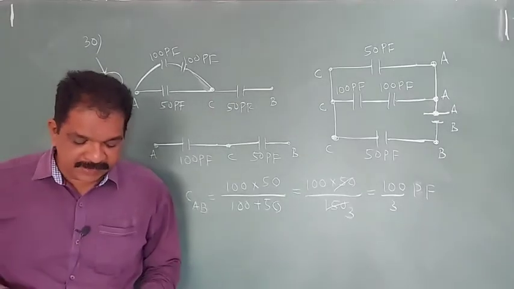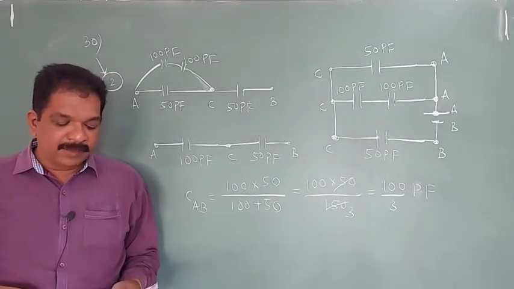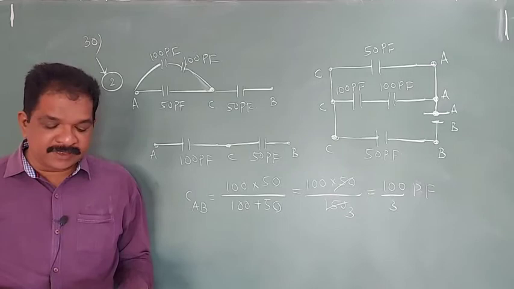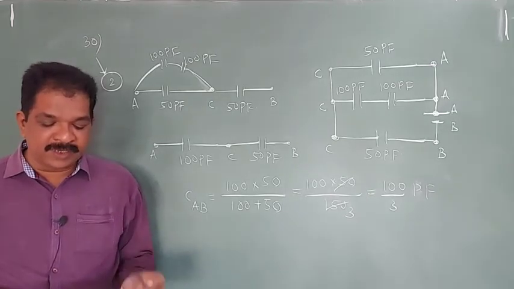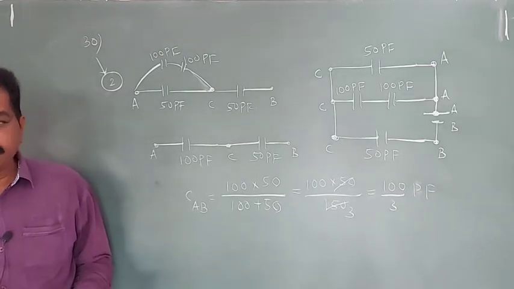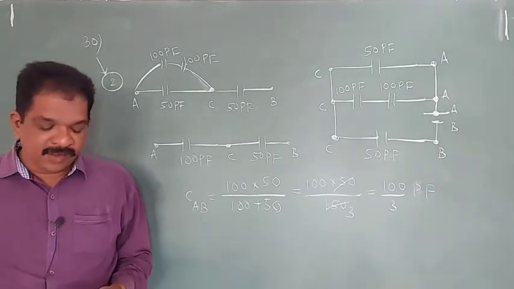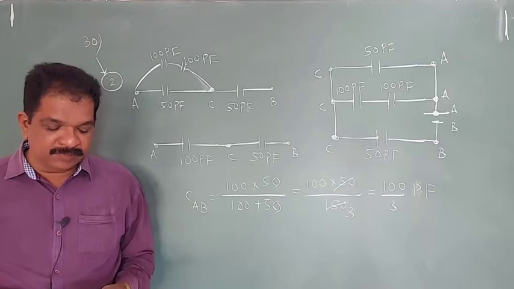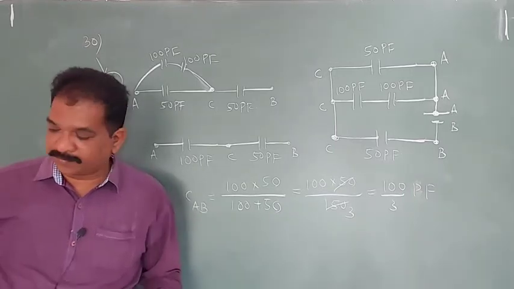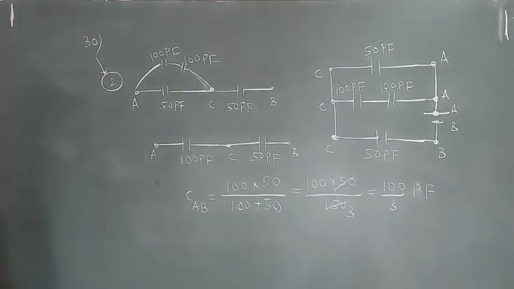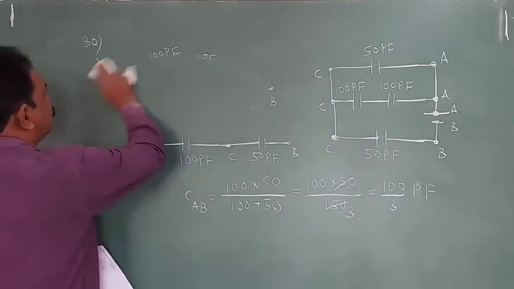Clear? Next, 31. A capacitor of capacitance C charged by an amount Q is connected with an uncharged capacitor of capacity 2C. The final charges on the capacitors are? See what they are giving.